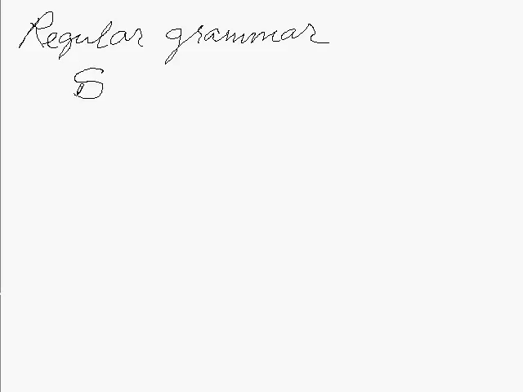You still have a starting variable, and it has rules just like in other kinds of grammars, but the right-hand sides, the things that you replace the variable with, have a certain shape.